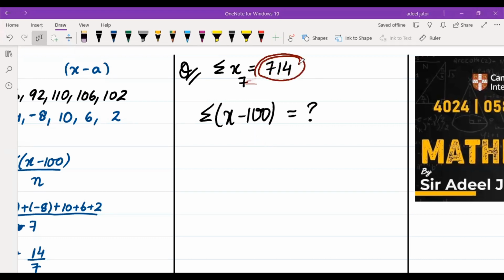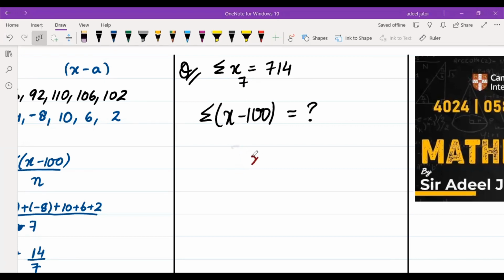So out of this 714 upon 7, we get your normal mean, which will be 102. When you have the normal mean and A, you can get the assumed mean as well.